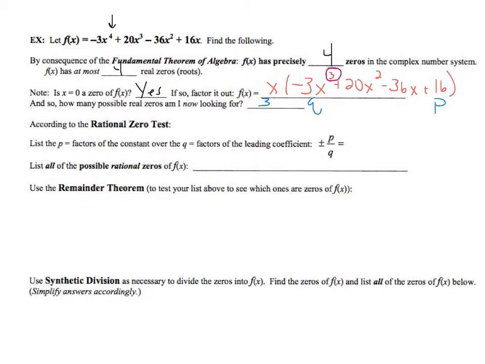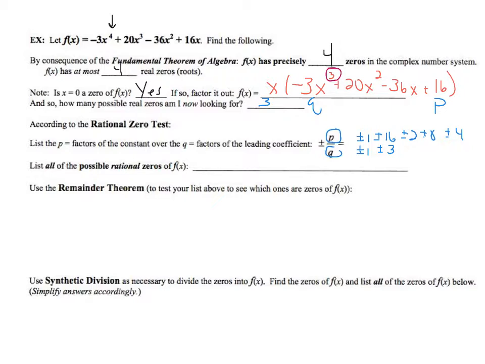So the factors of p, the factors of 16, are going to be 1 and 16, 2 and 8, and 4 and 4. The factors of 3 are just 1 and 3. So now I'm going to divide all the factors of p by all the factors of q. I'm going to take those and divide them by 1, and then divide them by 3.